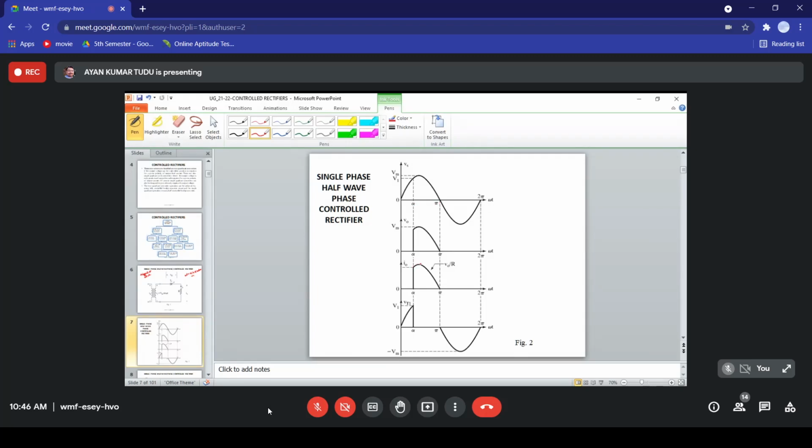The load current will increase as the input supply voltage increases, and the maximum load current will occur at omega t equal to pi by 2, as we can understand from the figure.